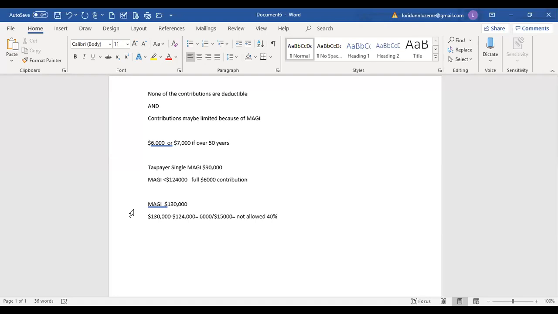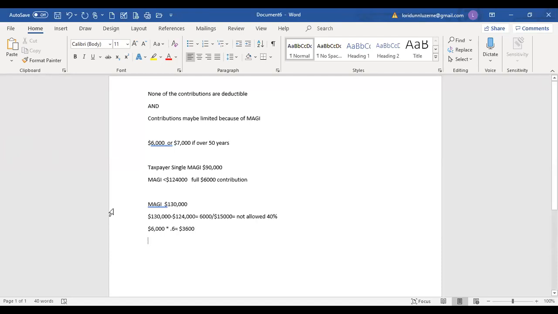So 40% is not allowed. So of the $6,000 that they usually can take, they are allowed to make a $3,600 contribution, 60% of $6,000 for that year. And you would deal with it the same way for married filing joint individuals. Okay, so I wanted to bring that to your attention, bottom of the page on 1323.